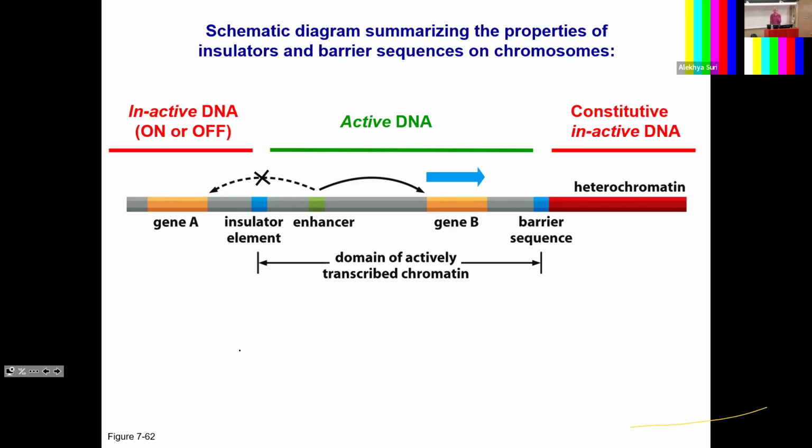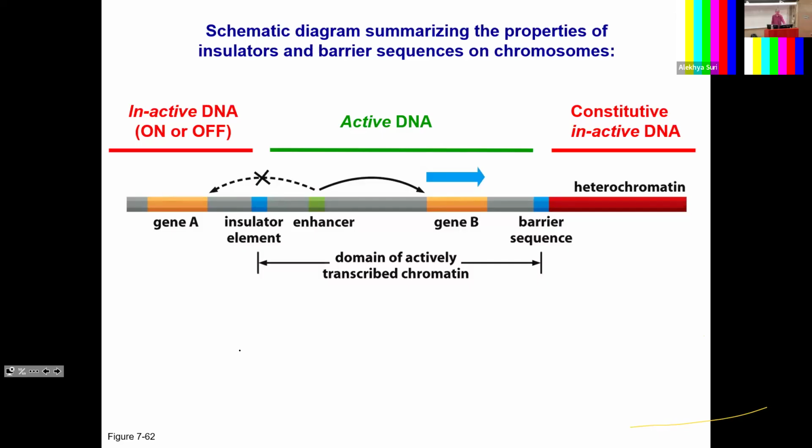These sequences prevent the spreading of the heterochromatin. Heterochromatin means there are numerous other proteins tightly bound to this area, which makes transcription impossible. But these proteins in the heterochromatin may spread to other areas. To prevent this, we have barrier sequences, to keep the heterochromatin in a certain place.